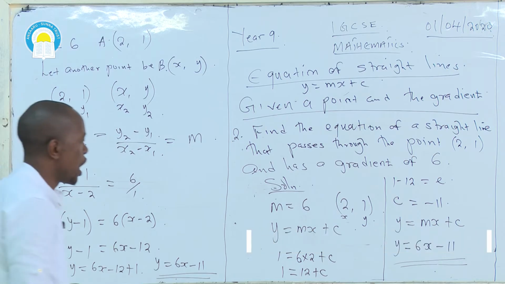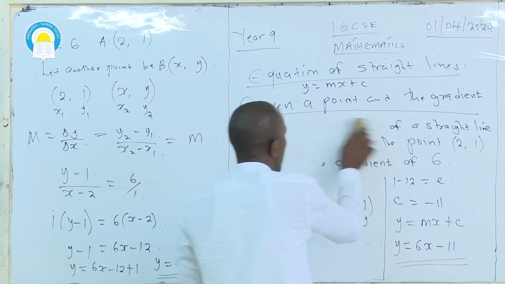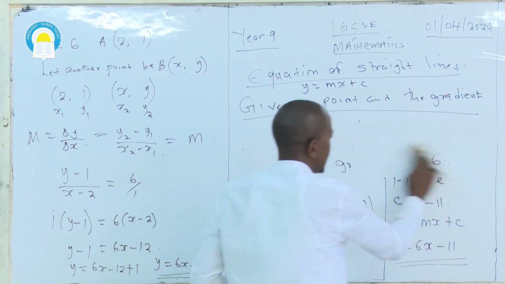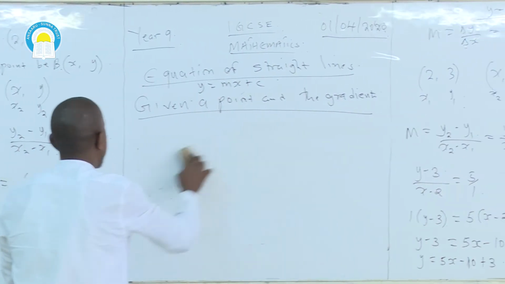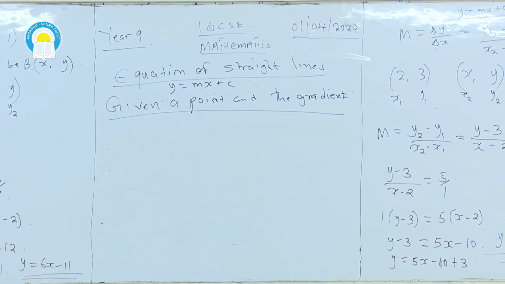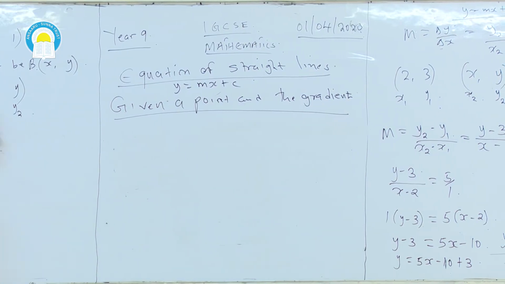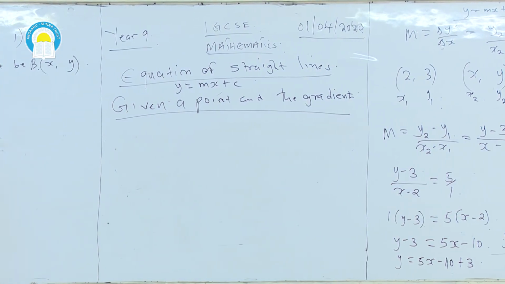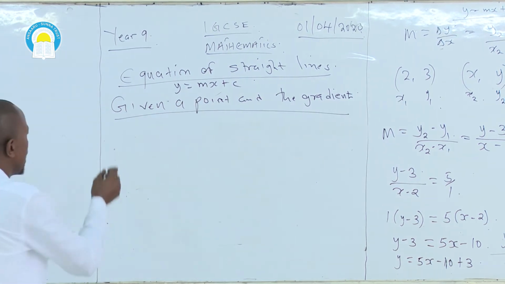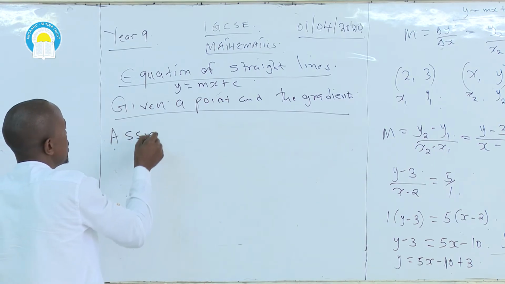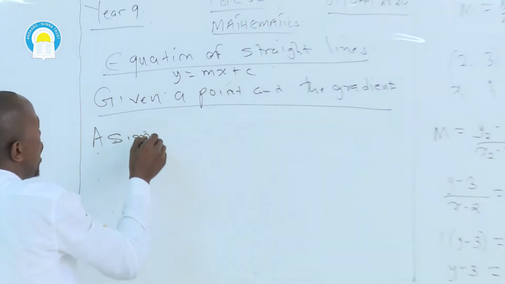At this point, I want to leave you with one question that you will work out when I'm done. Ensure that you get it right. Finding an equation of a straight line when you are given a point and the gradient. So, my beloved student, this is your assignment.